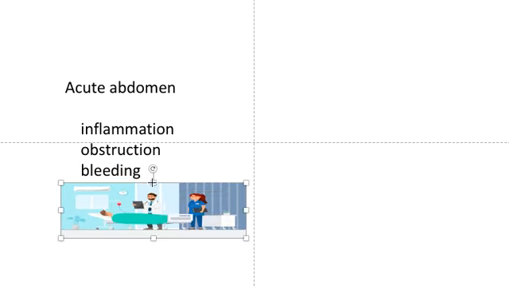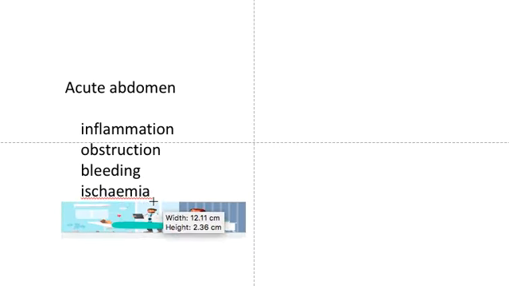Then it could be due to bleeding, like a perforated aortic aneurysm or a ruptured ectopic pregnancy. Then ischemia. If part of the bowel undergoes ischemia, it also causes acute pain. We know anywhere in the body, if a part gets ischemic, like a myocardial infarct or gangrene of a leg, it causes severe pain.